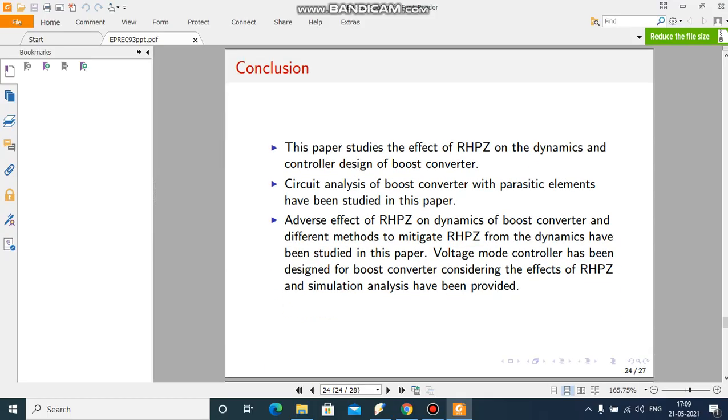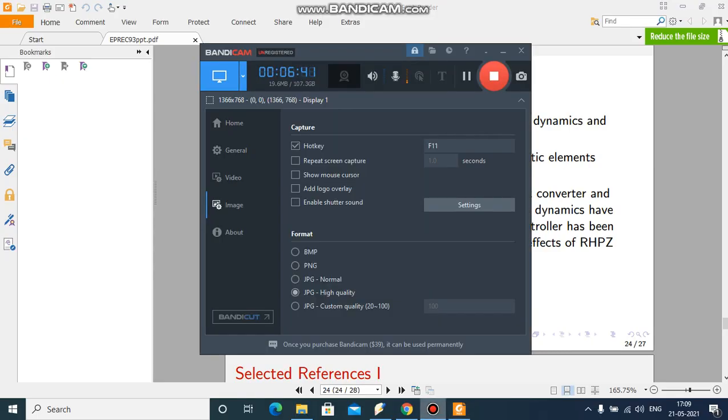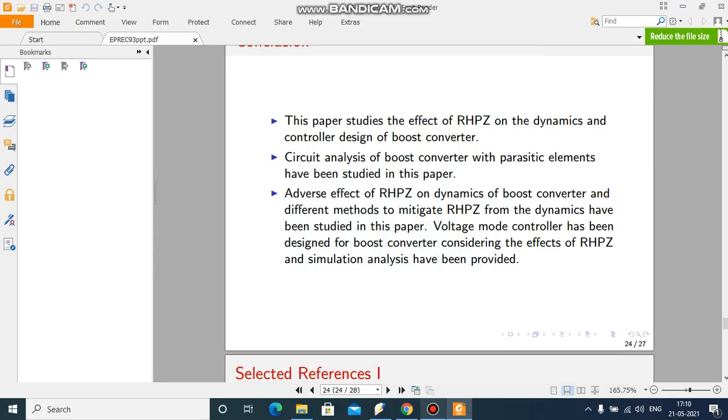This paper provides the effect of the RHPZ on the dynamics of the controller design of the boost converter, as well as different mitigation techniques for the same.